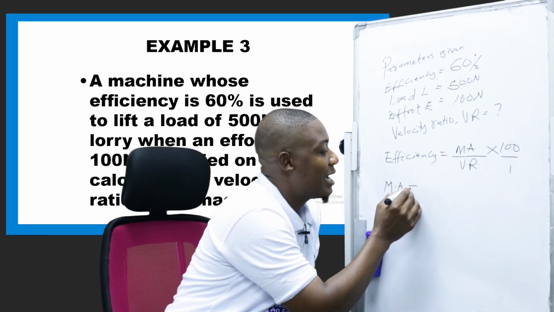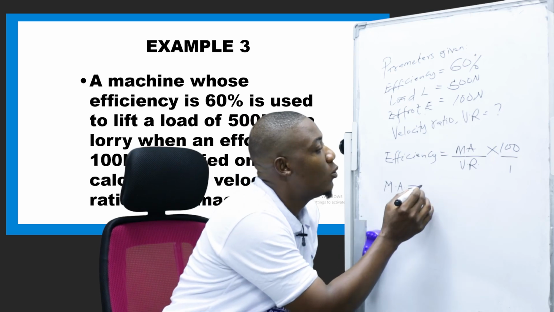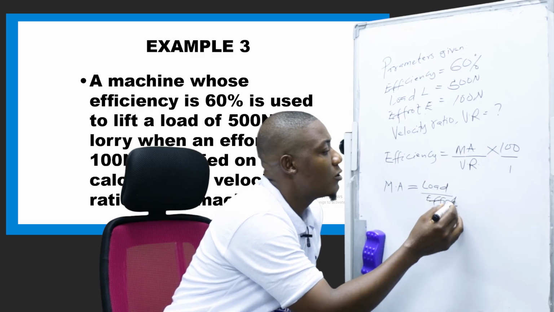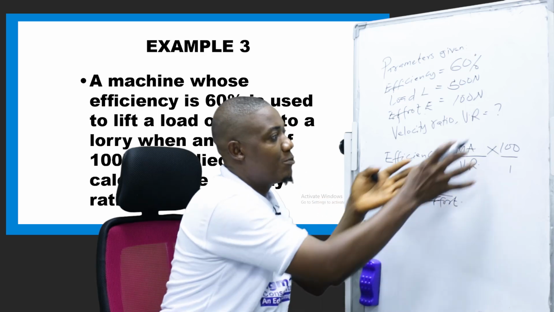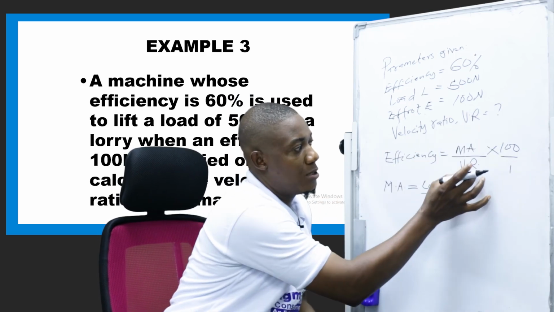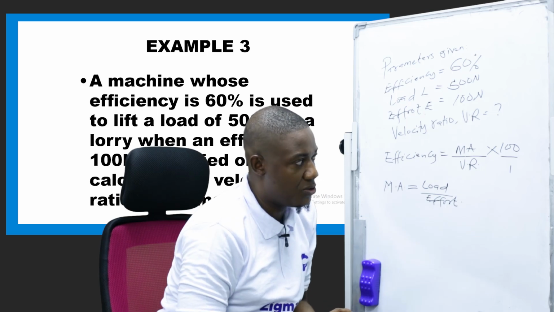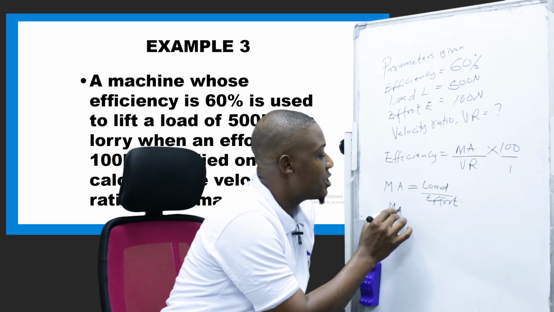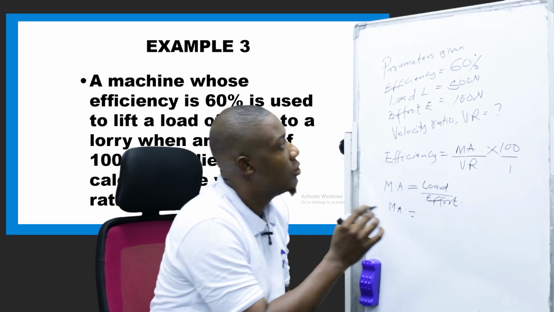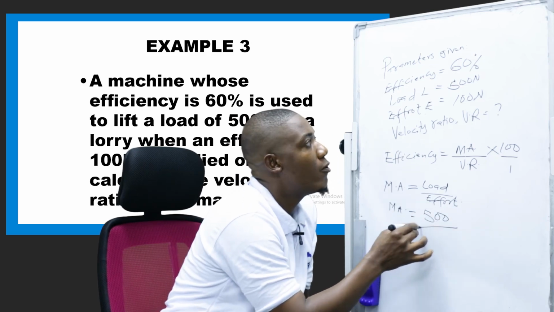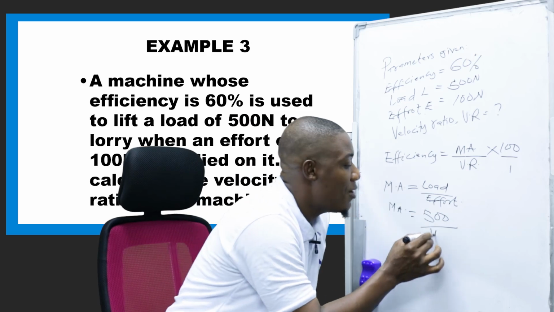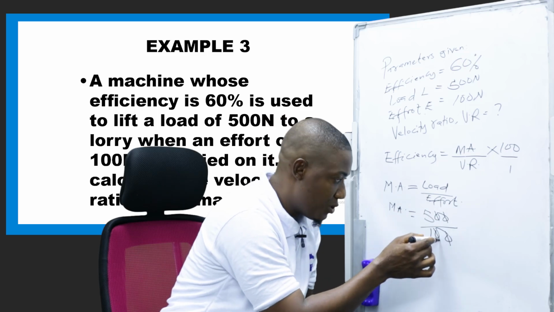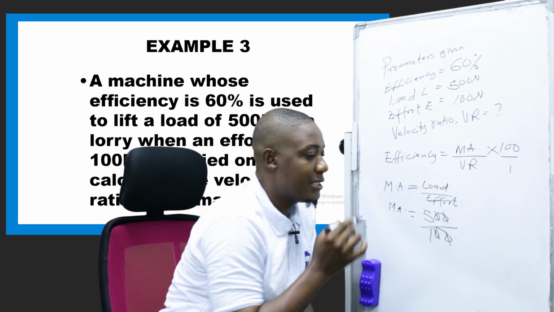Therefore, mechanical advantage, MA, is equal to load all over effort. So first of all, calculate this and put it back here. We'll be able to get the value of velocity ratio as we are required to do. So mechanical advantage, MA, of this machine is equal to load is 500, while effort is 100. 0 will take care of 0. 5 all over 1 is the same thing as 5.